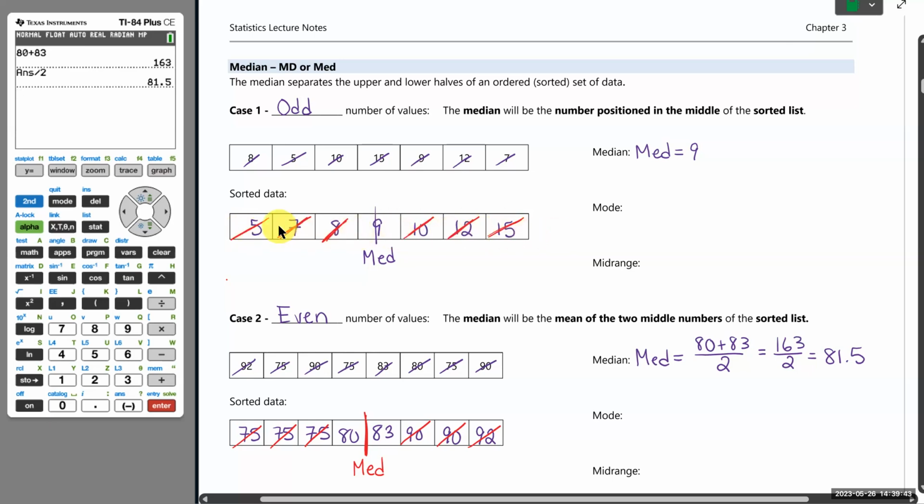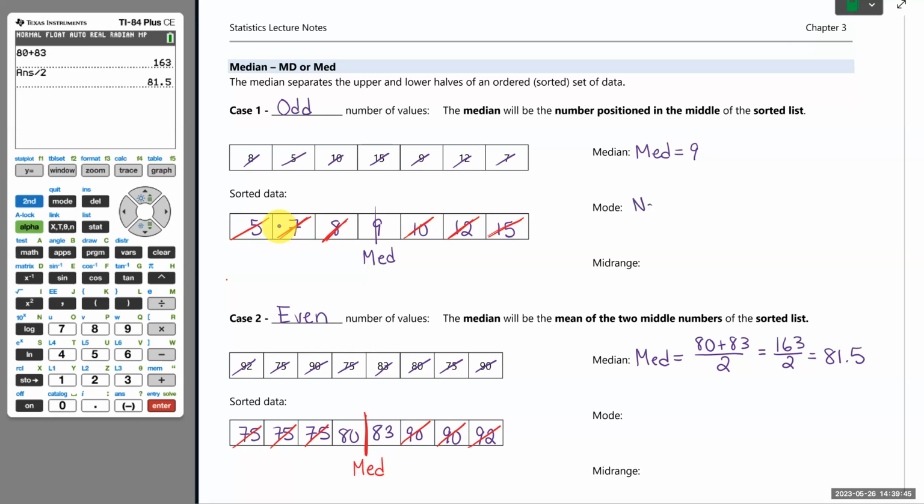So you don't always have to have a mode. In this case, there is no mode. And then mid-range is just the average of the lowest and highest value in the data set. In this case, the low was 5 plus the high was 15. So averaging two numbers, we add the two numbers, divide by 2. That will be 20 over 2, or 10.